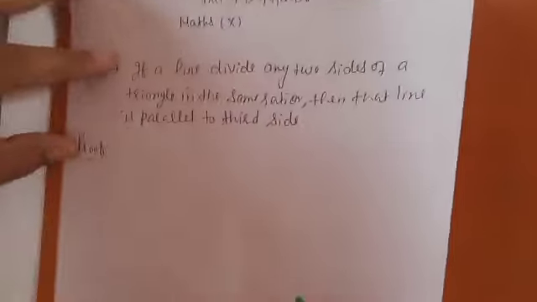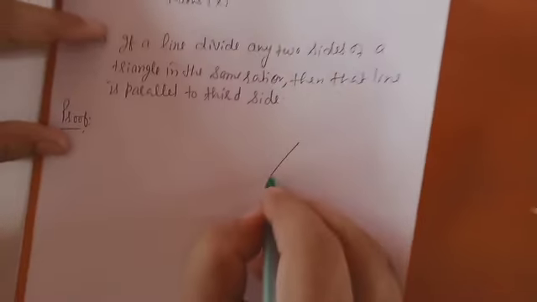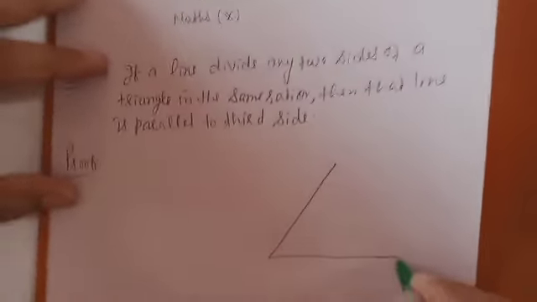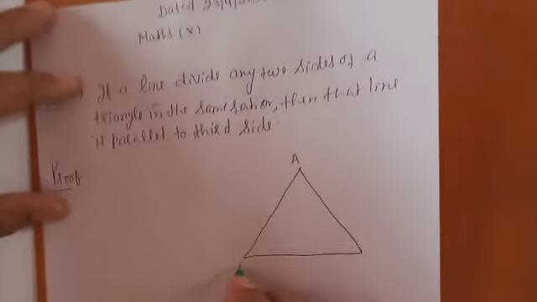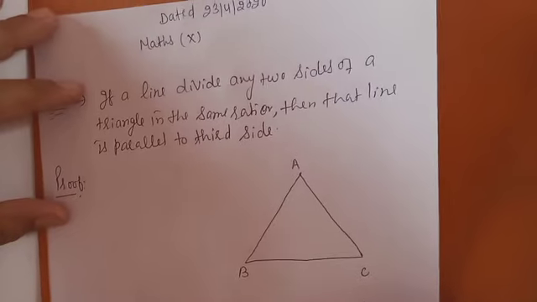Before telling the proof, we need a figure. It's given like this. This is a triangle. What's the name of this triangle? A, B, C. This is a triangle.